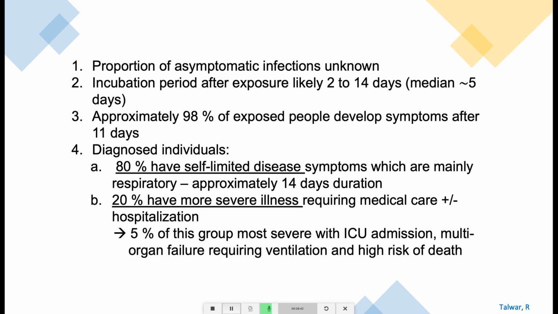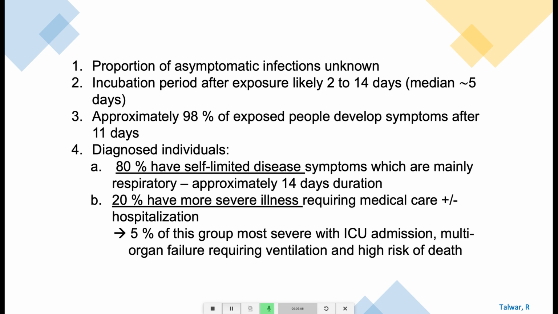Approximately 98% of exposed people develop symptoms after about 11 days. Of those 98%, about 80% of individuals who have diagnosed symptoms usually have self-limiting disease. So the symptoms are pretty mild. I mean, not necessarily only mild, but it is self-limiting.